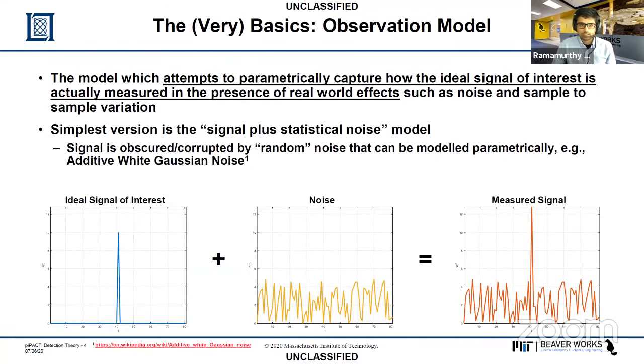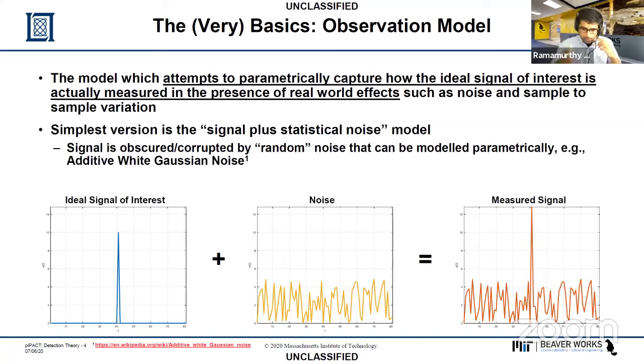All right. So the next topic to introduce is what we call the observation model. This is a model that attempts to parametrically, in other words, with a formula, with an equation, capture how the ideal signal of interest, the perfect signal of interest, is actually measured in the presence of real-world effects.